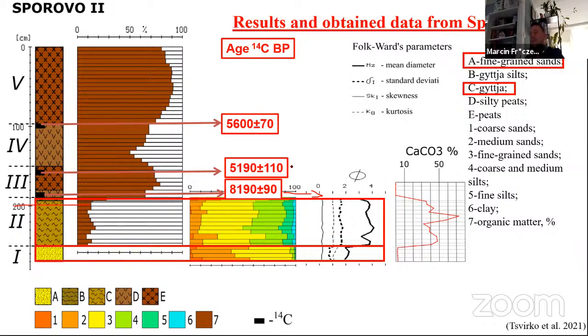Then we have a date of almost 5.1 thousand years before present, but we are thinking that this date could be the wrong date, because on the top we are dealing with 5.6. Why is this date bad and this date good?